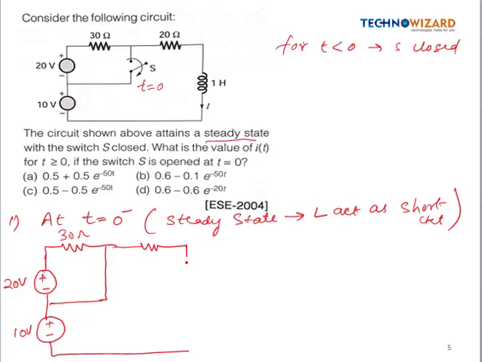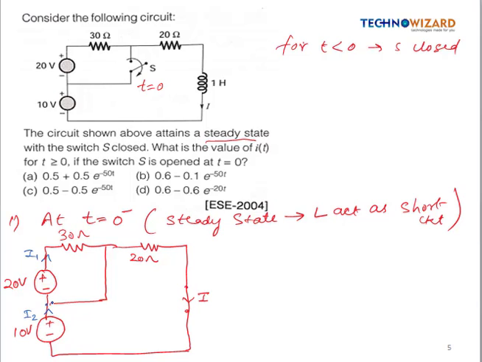So now the inductor will act as a short circuit. So this is 20 ohm and the current flowing is I, right? So now we have to calculate the value of this current. So suppose this 20 volt battery is giving a current of I1, right? And this 10 volt battery is giving a current I2.